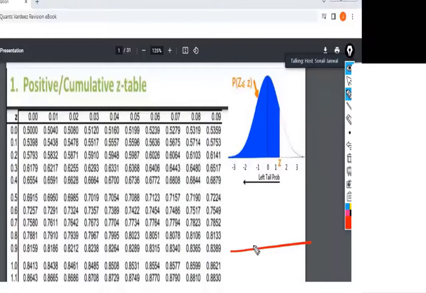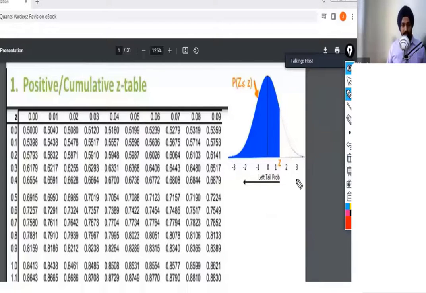Sir, I have one question over here. How are we going to identify whether they are asking for the right or the left side? You mentioned that we will subtract from 1 when the value is asked for the right side. Yes, this is something you would see on the exam, and it's going to be mentioned as a left tail probability or Z is less than.